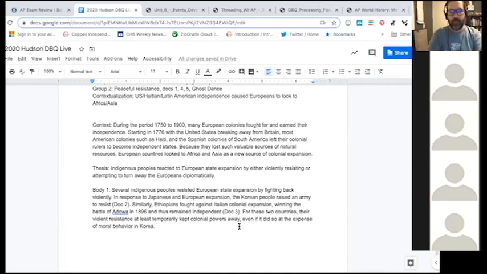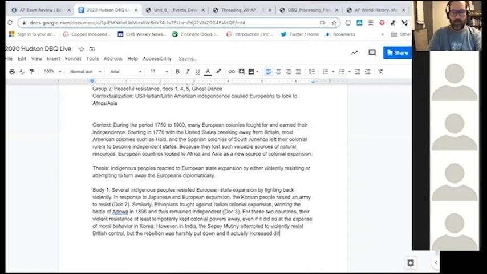And then I'm going to use my external evidence as the big however. In India, the Sepoy mutiny attempted to violently resist British control, but the rebellion was harshly put down, and it actually increased direct British control over the Indian subcontinent.